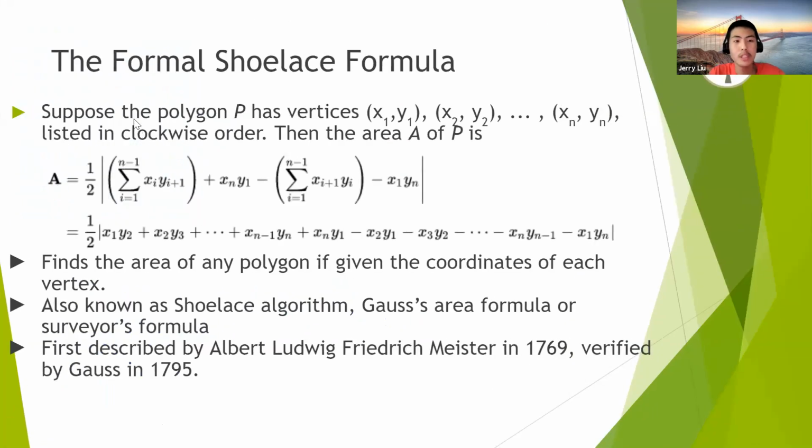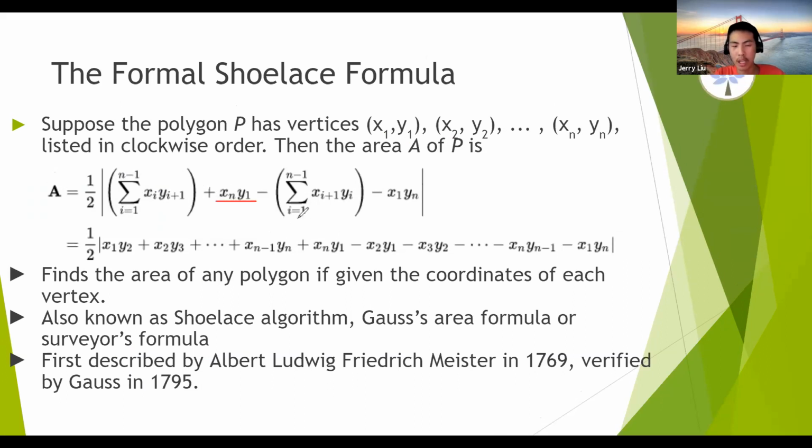Suppose the polygon P has vertices (x1, y1), (x2, y2), and all the way down to (xn, yn) listed in order. Then the area A of P is 1/2 of the sum from i equals 1 to n minus 1 of xi times yi+1, and then this is meant to connect the last coordinate on the list to the first, minus the sum of the upward slants.